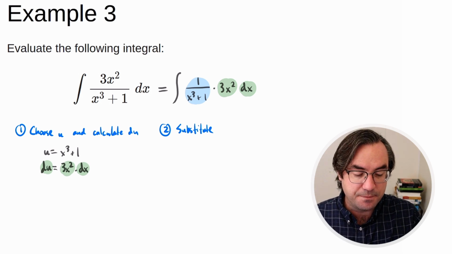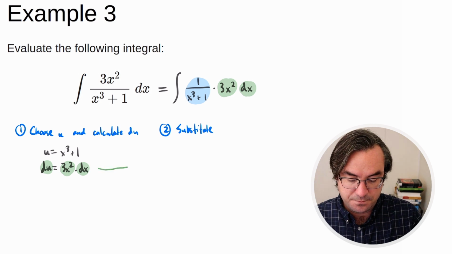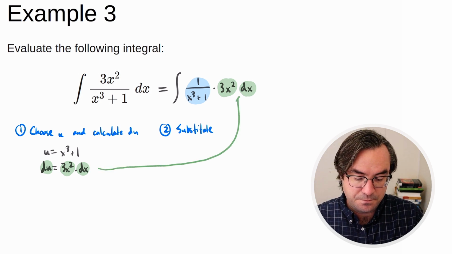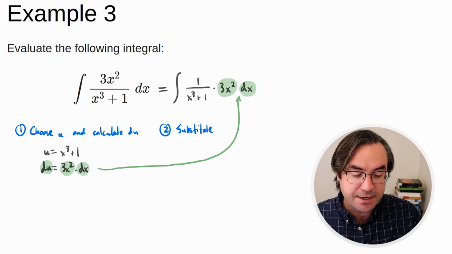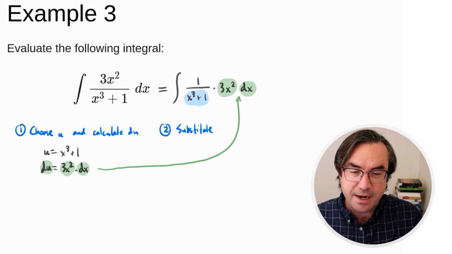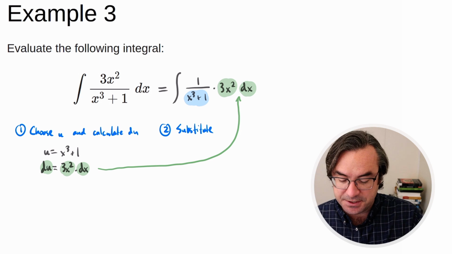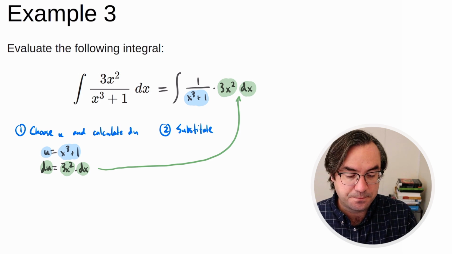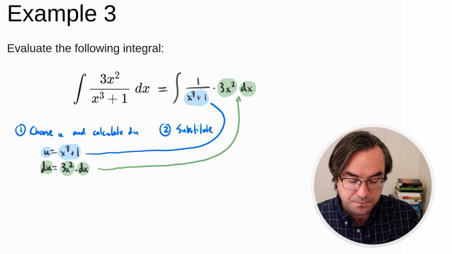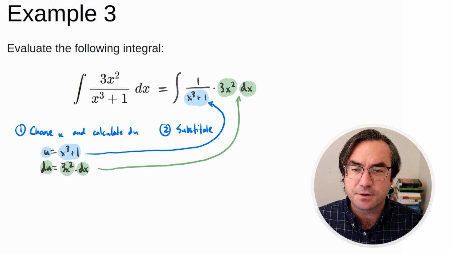So we're going to fill that in. And kind of by design, that x cubed plus 1 from our denominator, from that more complicated piece, we're going to replace that with u. So we're plugging everything in here.